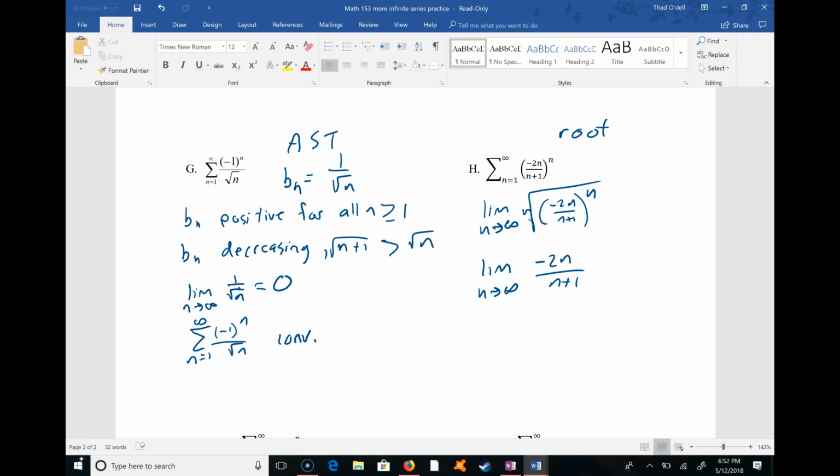Whoops, I forgot, in the nth root test we actually take the absolute value on the inside of this thing. So then that would not be negative there. So then as n approaches infinity, this thing is approaching 2, and that is greater than 1.